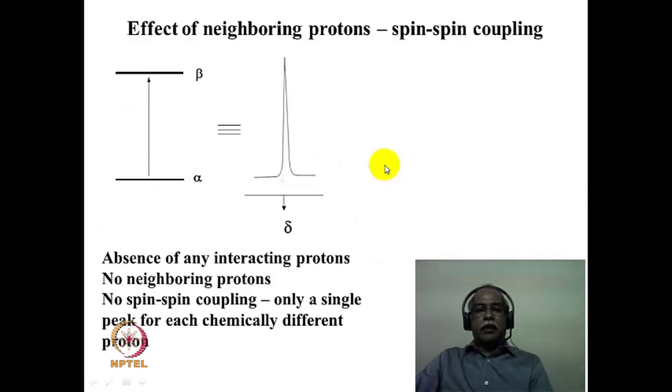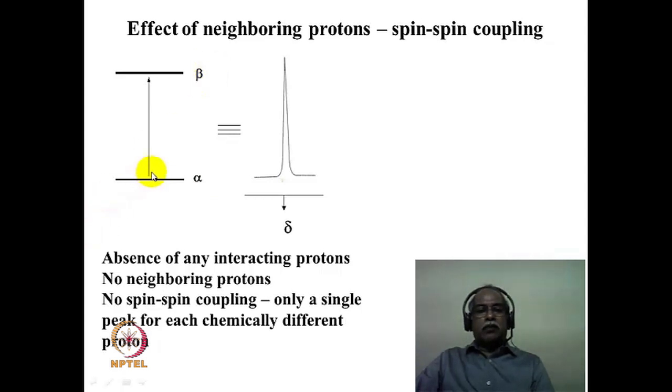Now coming back to the multiplicities that we saw in the case of the ethyl alcohol spectrum, let us consider an isolated hydrogen atom. If we consider an isolated hydrogen atom, it can either exist in the alpha state or in the beta state, or the minus half state or the plus half state. The nuclear spin can exist in these two states.